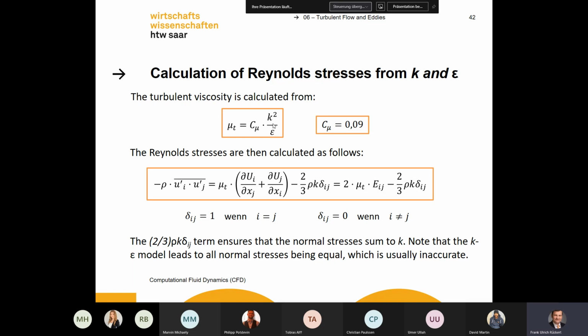So this is a new variable introduced here in this system of equations, the so-called turbulent viscosity. And turbulent viscosity is calculated by energy divided by dissipation.